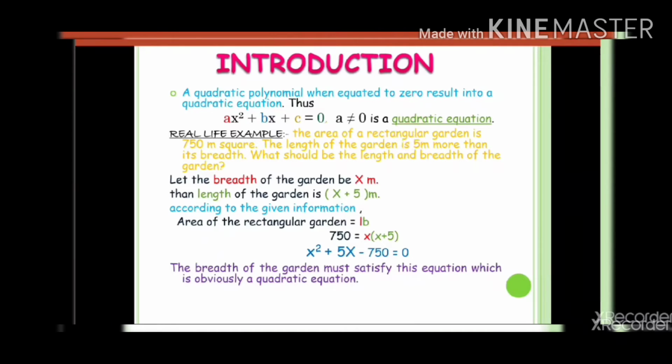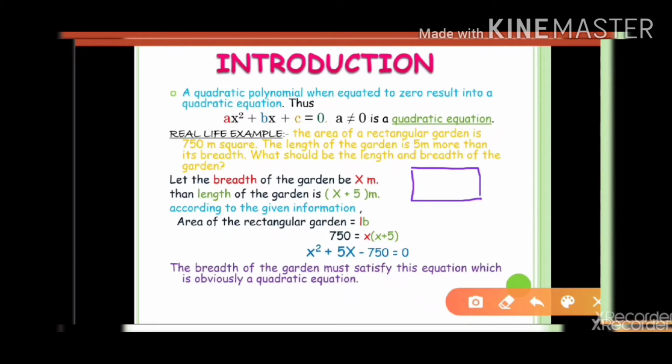Let this be a rectangular garden, and this is breadth and this is length. It is given that length of the garden is 5 meters more than its breadth. Let breadth of the garden be x meter.